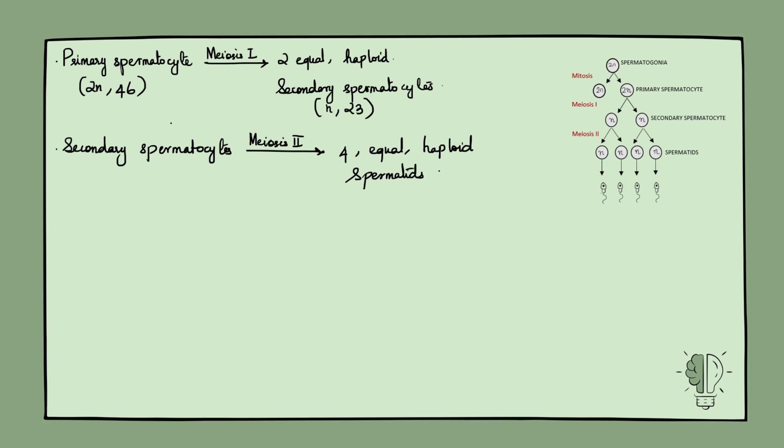And these spermatids are transformed into spermatozoa by the process called spermiogenesis.